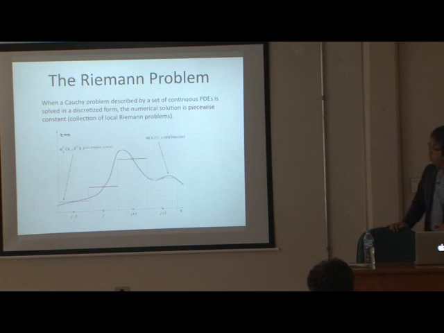Okay, so the Cauchy problem, which means the initial value problem, is discretized as a set of continuous partial differential equations solved in discretized form. The numerical solution is piecewise constant, we can say. So this is the local Riemann problem. We can collect up to this one. Here, this is t equal n. This is one of the solutions like this here.